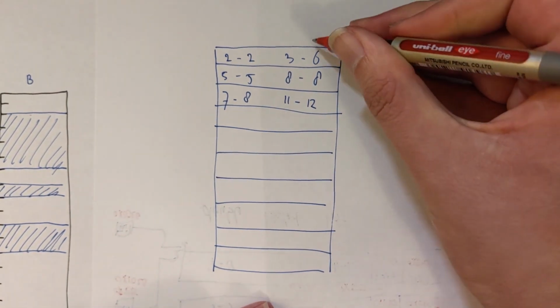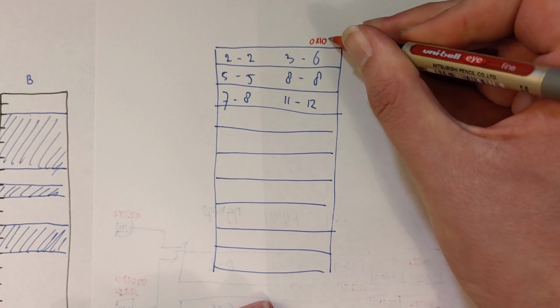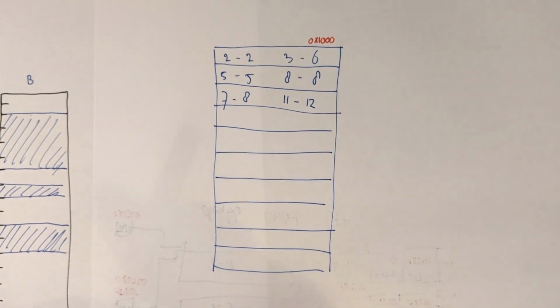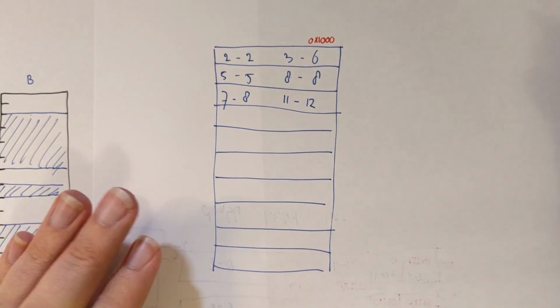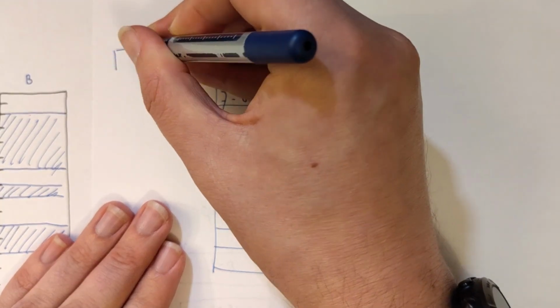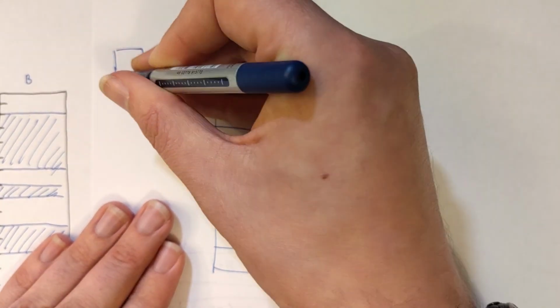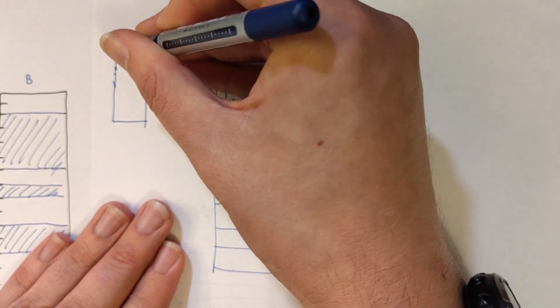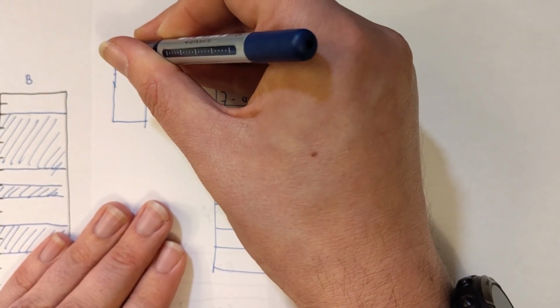So if I start this again at this address, then my vector, as we call this data structure, needs to have a starting pointer. So we call it head again.